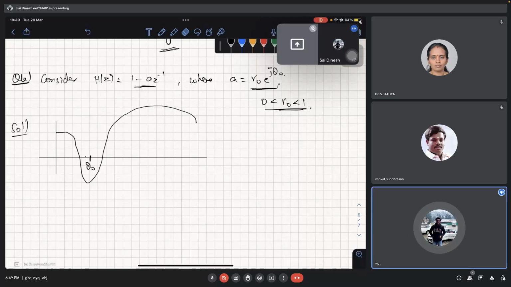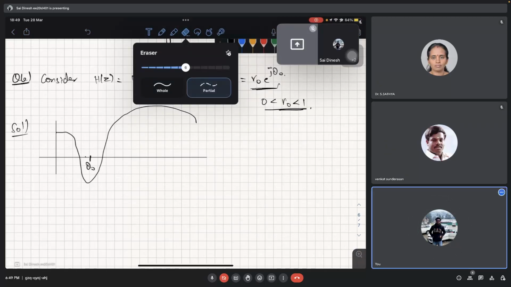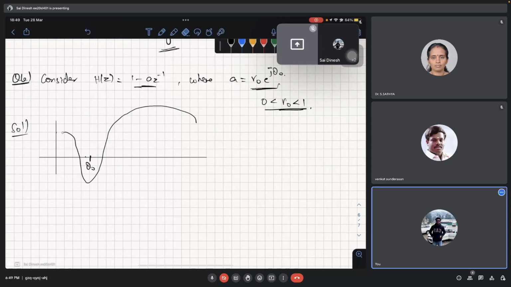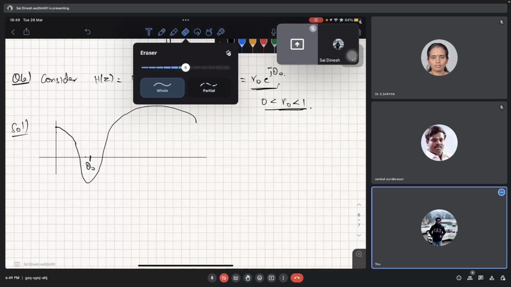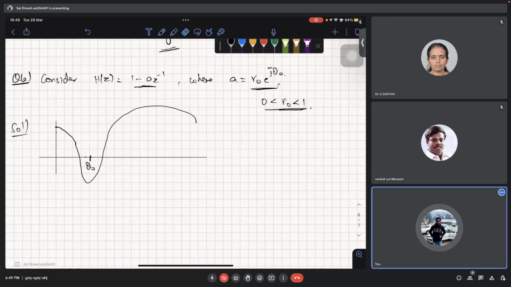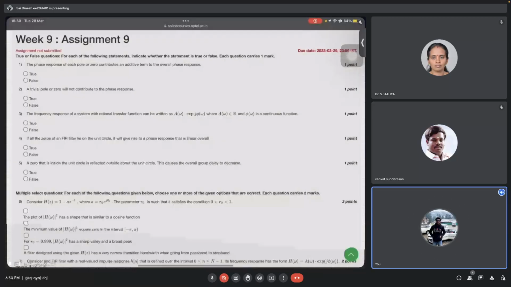So this is how it was. Based on that, we need to find the solution. What does it say?